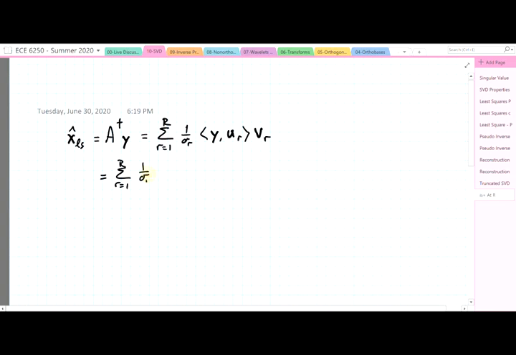It's 1 over sigma R, and Y is AX plus E, so we can write it this way.